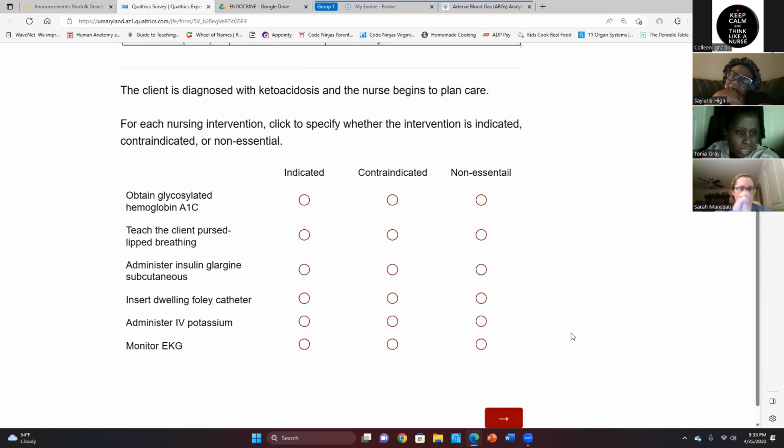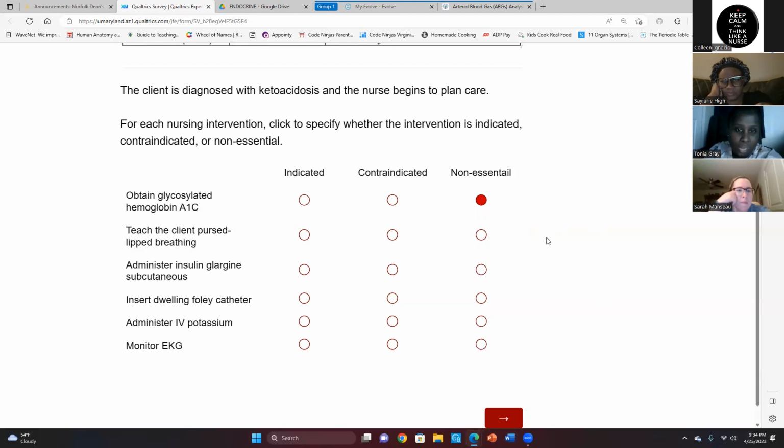I don't think obtaining cholesterol would. No, the A1C is your sugar. It's important. A1C is cholesterol, right? No, it is not, ma'am. It is sugar, honey. Glycosylated hemoglobin A1C. Yes, that's over the 3-month test, to see how their sugar's been.